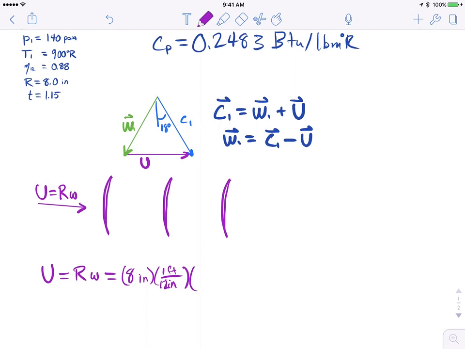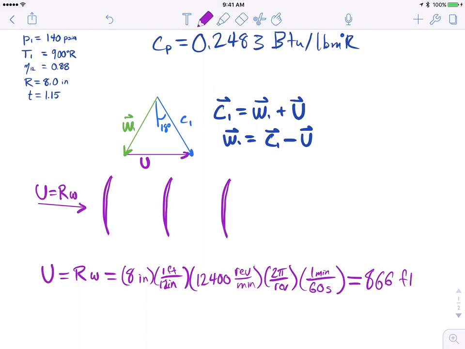Then we multiply by our rotational speed, which was 12,400 revolutions per minute. But of course, that's not how we express angular velocity. The true angular velocity would be radians per second. So we multiply by 2 pi radians per revolution and 1 minute per 60 seconds. We get, in the end, a linear velocity for our blade row of 866 feet per second.